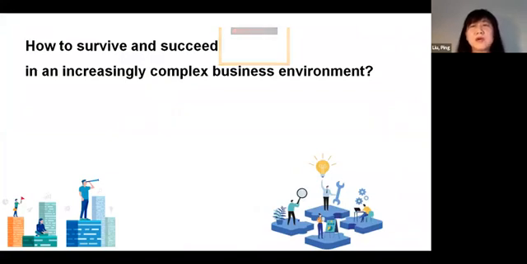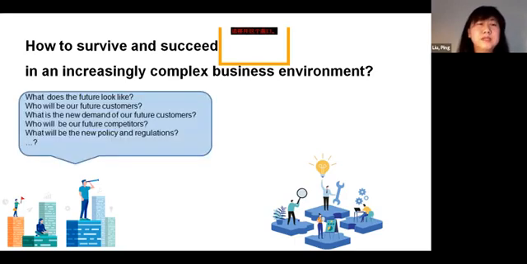So the biggest question posed to these suppliers is how to survive and succeed in an increasingly complex business environment. In order to answer this big question, these suppliers may need to answer some more detailed questions, such as what does the future look like to their companies?